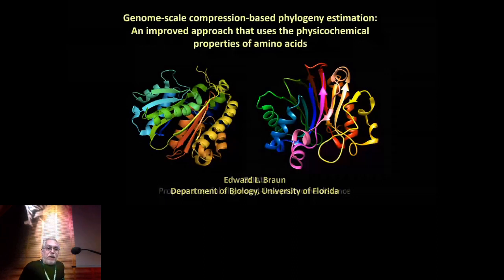Let's solve the problem of compressor performance. This is an imperfect solution, but essentially what we're going to do is measure the NCD between taxon X and itself, and taxon Y and itself, and correct the NCD between taxon X and taxon Y using this information.